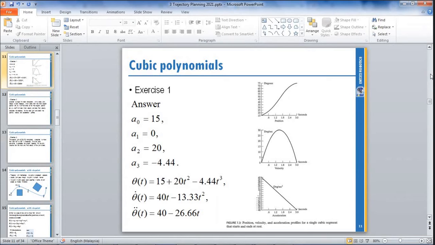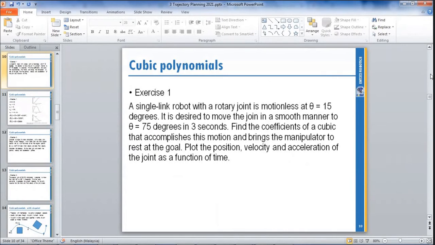This is a numeric example. For example, exercise 1: a single link robot, so only one arm, with a rotary joint is motionless at theta equal to 15 degrees.